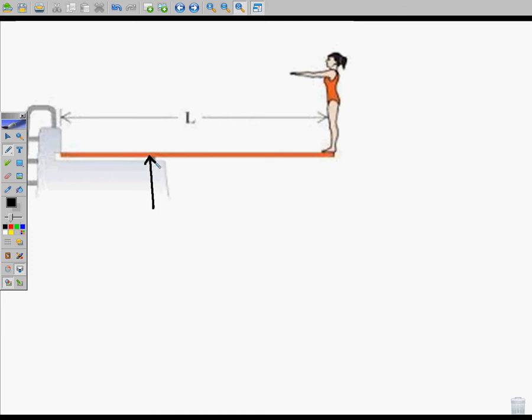So we're trying to find this, and we'll call it a force over here. Now, obviously, the weight of the girl is acting downward.